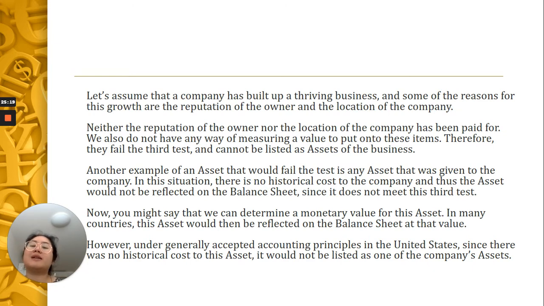Now you might say that you can determine the monetary value of this asset. In many countries, this asset would then be reflected on the balance sheet at that value. But under GAAP in the US, since there was no historical cost to this asset, it will not be listed as one of the company's assets.